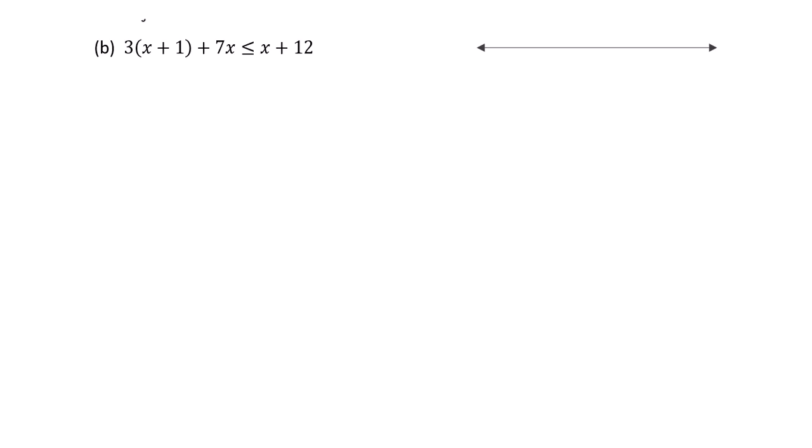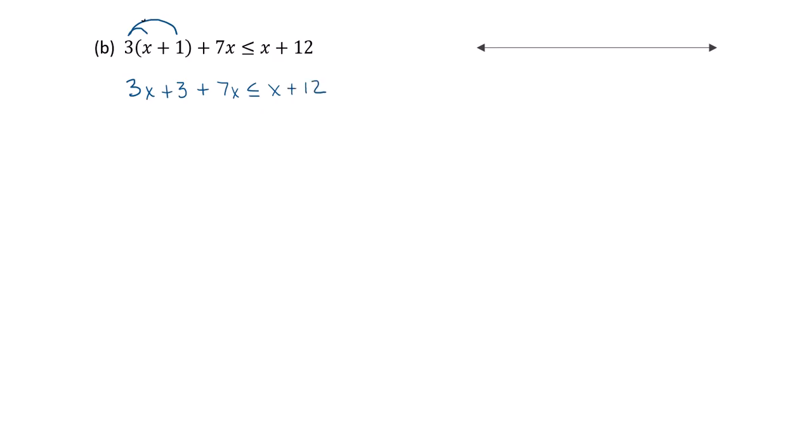So here we have a little bit more complicated problem because we have a set of parentheses. So I'll need to go ahead and distribute through. I get 3x plus 3 plus 7x is less than or equal to x plus 12.